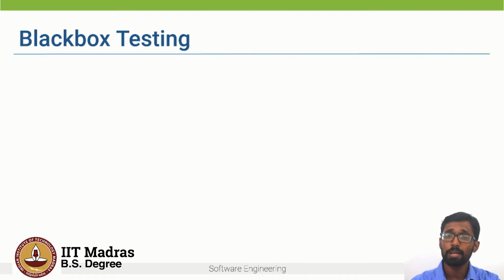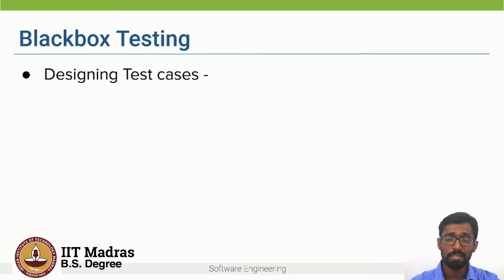So let's look at what black box testing is. As we said earlier, the program is viewed as a black box. It is also known as functional testing. And the key idea is to see how we can design test cases for black box testing.